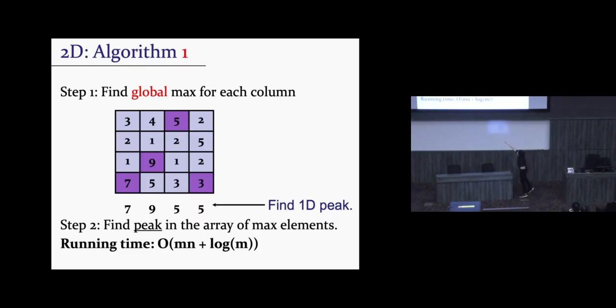For example, take 9. 9 here is the maximum of the column. So you know the up-down comparisons are good. 9 here happens to be larger than 7, and it happens to be larger than 5, which are maximums on their side of the column, right? So when you pick 9, you know for a fact that you're larger than the maximums on the columns to your left and right. Does that make sense?